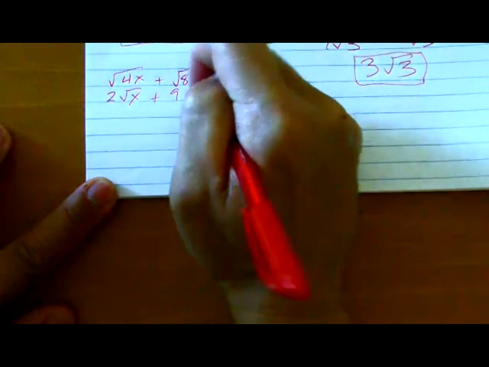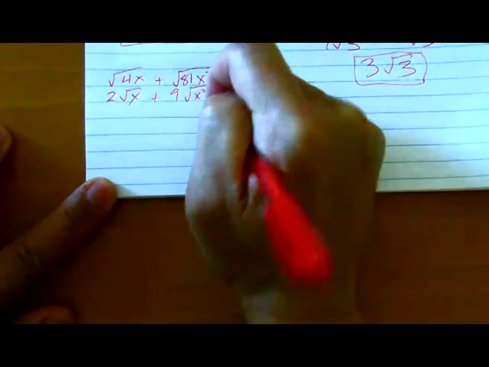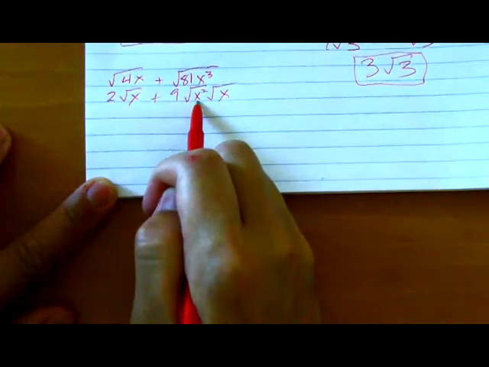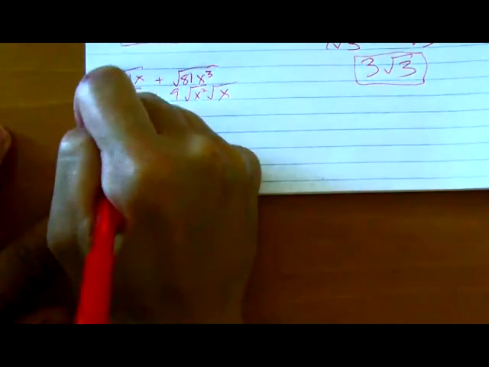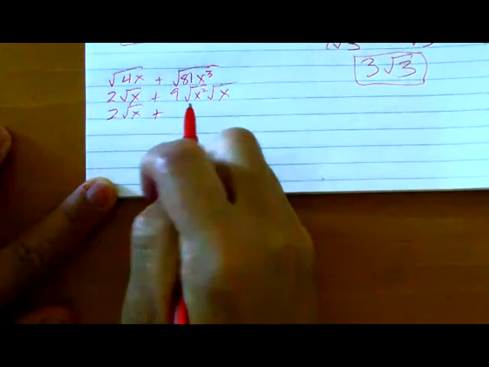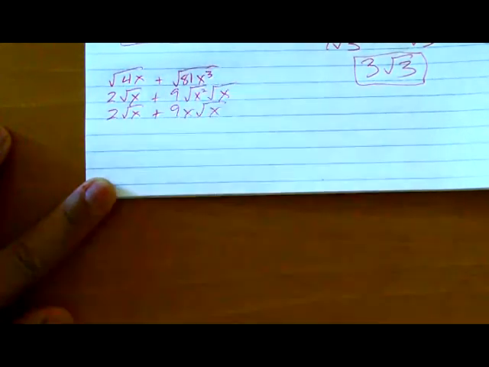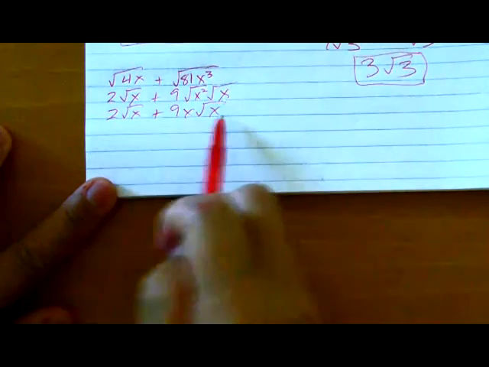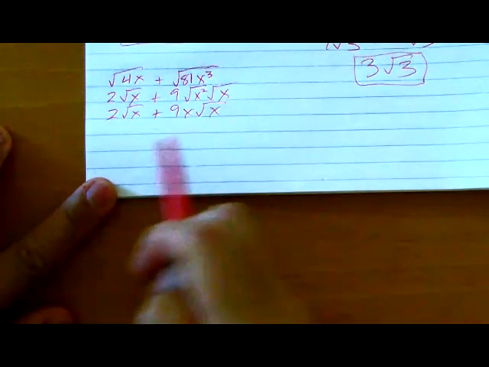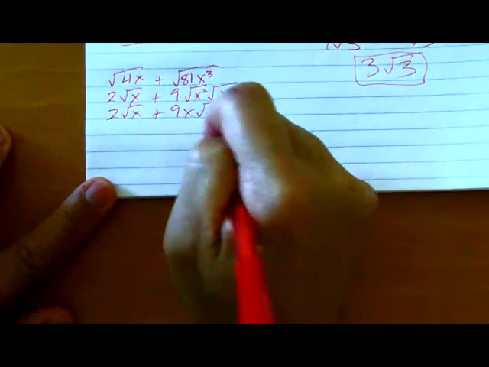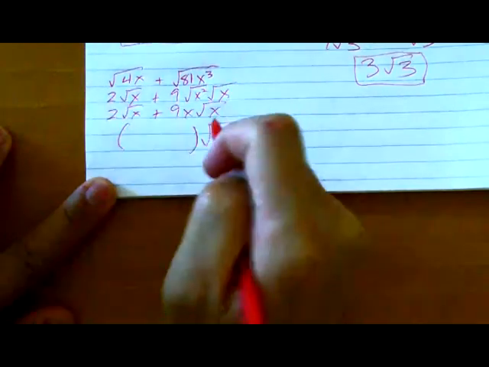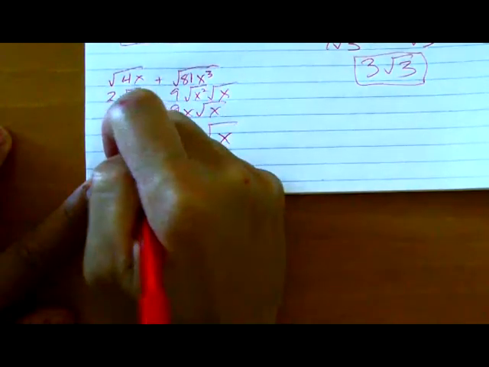Oh wait, we can split the x to the third. x squared and x. I can square root the x squared now. The square root of x squared is x. Okay, so they have a radical x in common. So in a sense, I could factor that out. If I factor out a radical x, that'll leave me with 2 plus 9x.